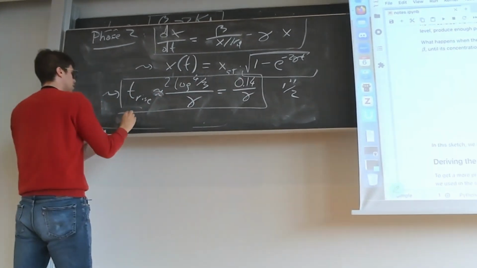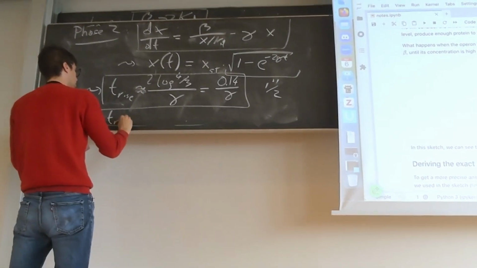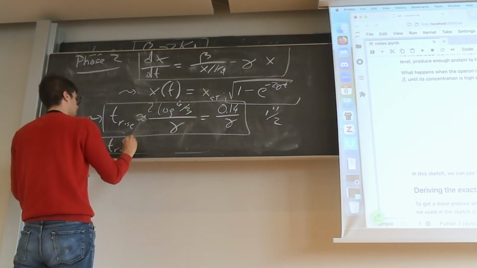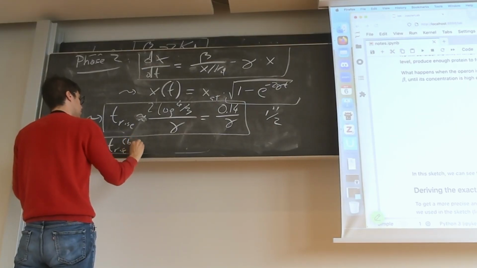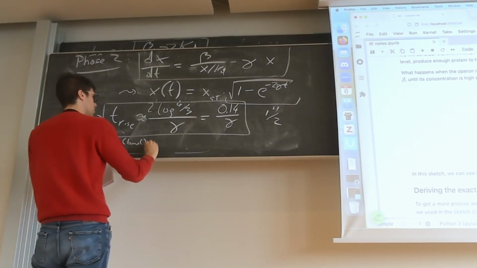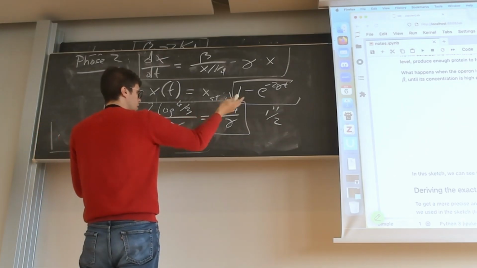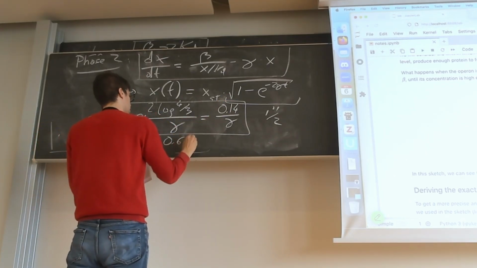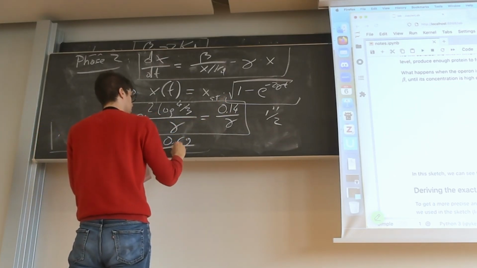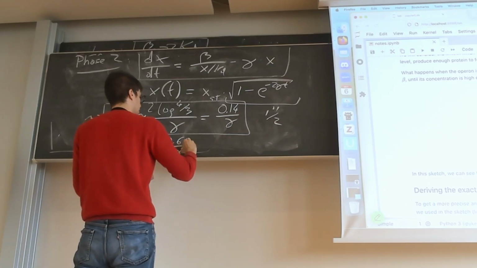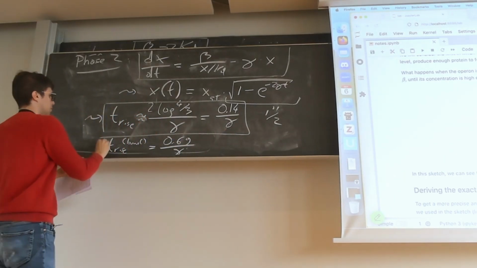And if you compare this with the rise time of the basal system, so the unregulated system, this was log 2 over gamma, which is around 0.69 over gamma. Okay.